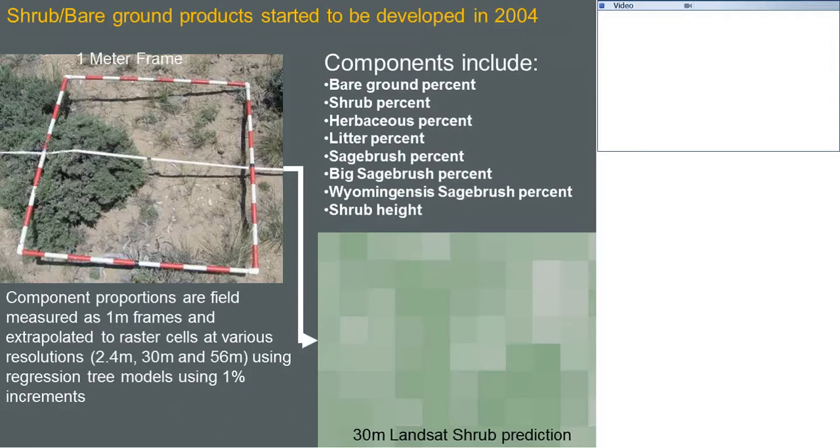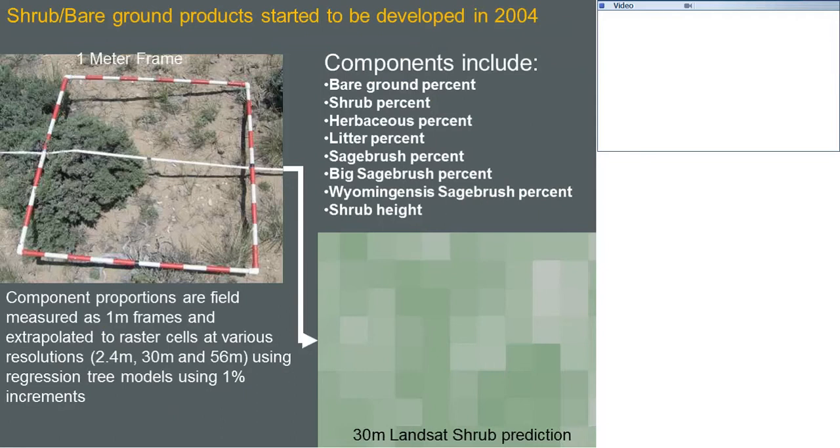Okay, so a little bit of background. Most of you, if you work in the arena, use some kind of Daubenmire frame. I want you to picture this is a 1 meter Daubenmire frame plopped on the ground. You've got about 25% sagebrush in that. You've got bare ground, grass, litter. All we're doing on the remote sensing side is using pixels as Daubenmire frames.